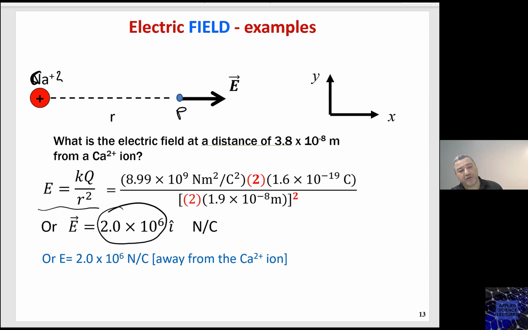So this is the magnitude of the electric field. Now, what is the vector? Since this electric field is pointing in the positive direction of the x-axis, it will be i hat.